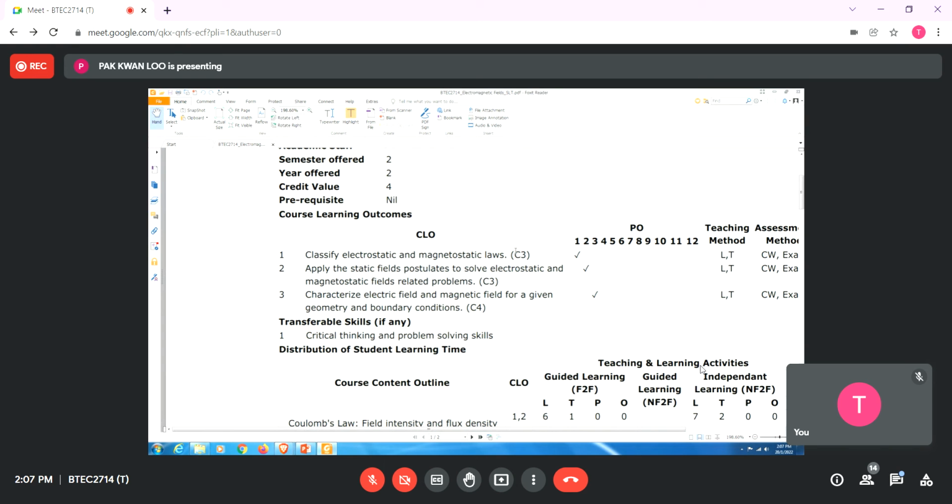Given a question, you should be able to identify which law to use for a particular problem. Apply all the postulates to solve electrostatic and magnetostatic fields. And you should be able to characterize electric field and magnetic field for given geometry and boundary conditions. We will learn all this in the 9 chapters that we will go through.